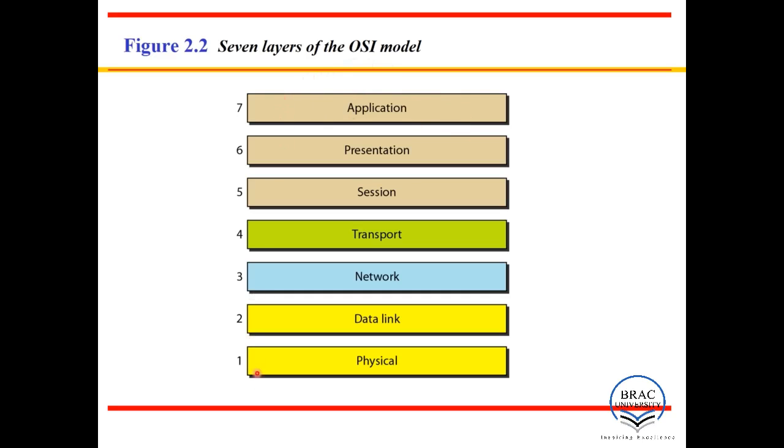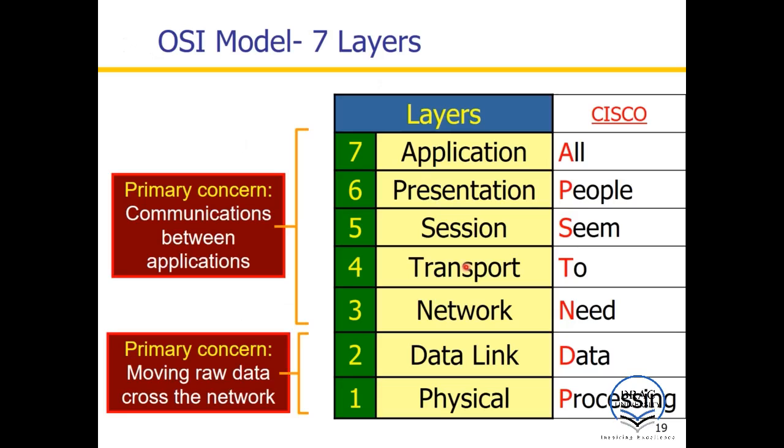Okay, so this is more or less an overview of the OSI model. We will talk about each of the layers in detail in our next discussion. This is one of the ways to remember these 7 layers, because in our next topics everything will be built around the functionalities of these layers.